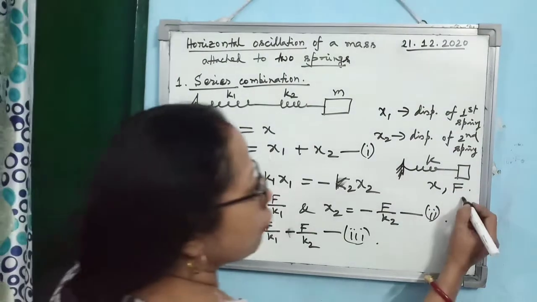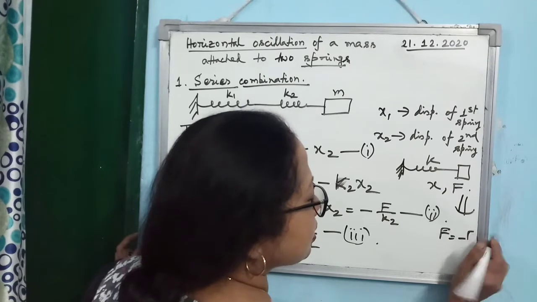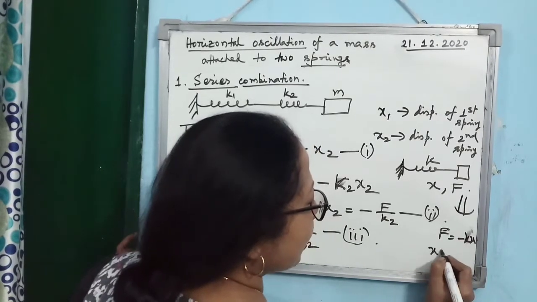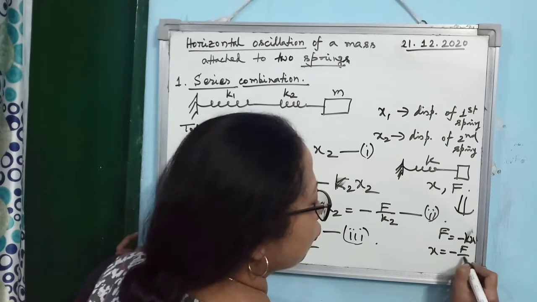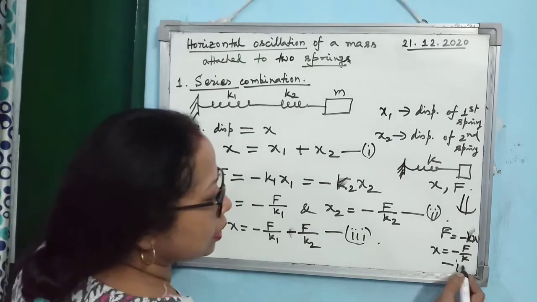So from this relation, F is equal to minus Kx, so x is equal to minus F by K. Clear? Suppose this is equation 4.